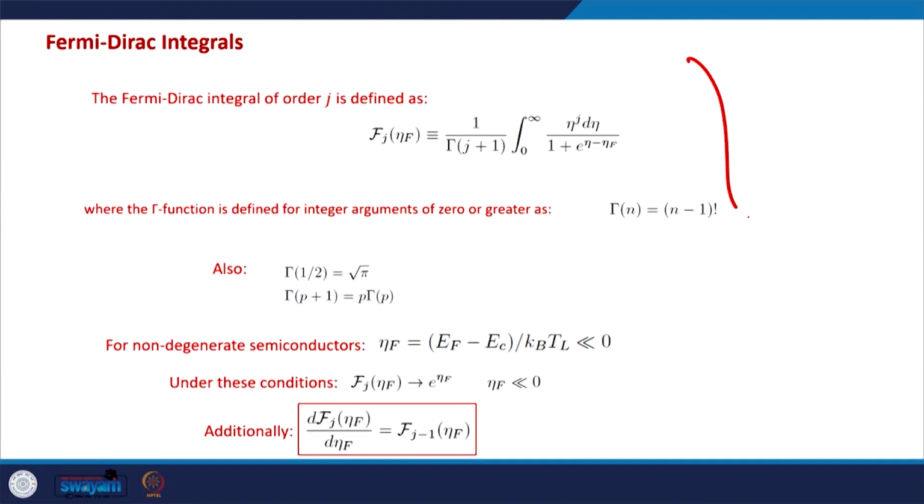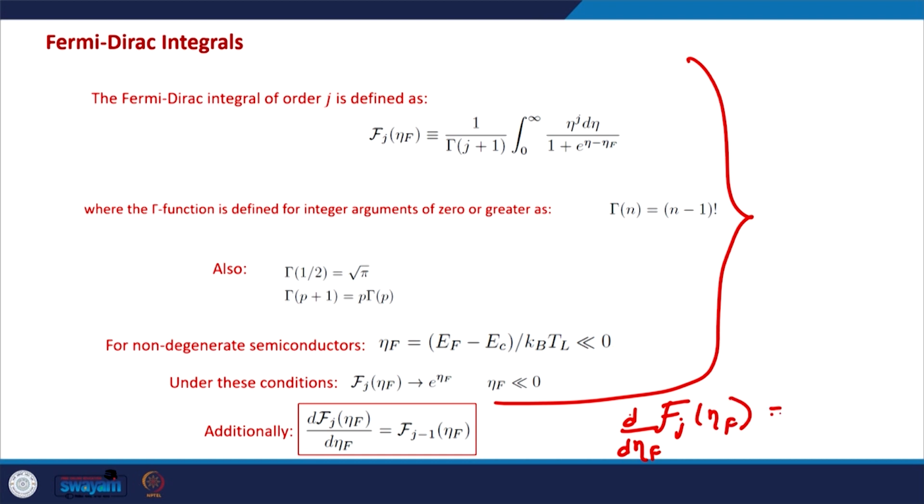In addition to all these properties, and I also mentioned this last time, if we take a derivative of the Fermi-Dirac integral with respect to parameter eta f, the order of the Fermi-Dirac integral decreases by 1.